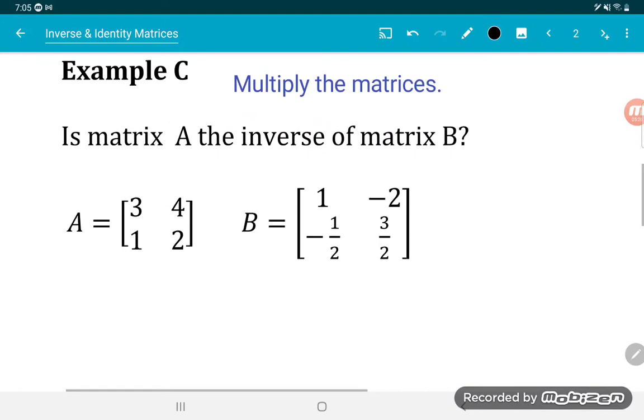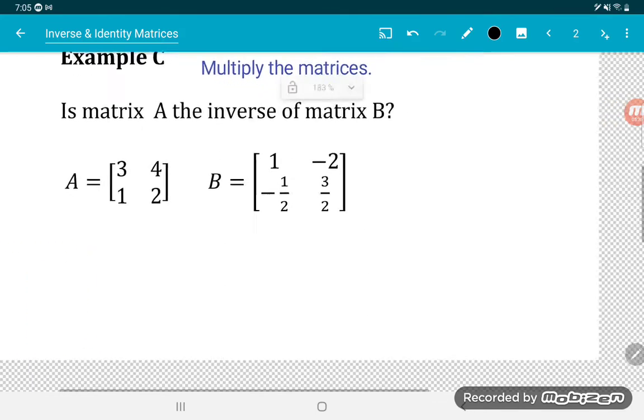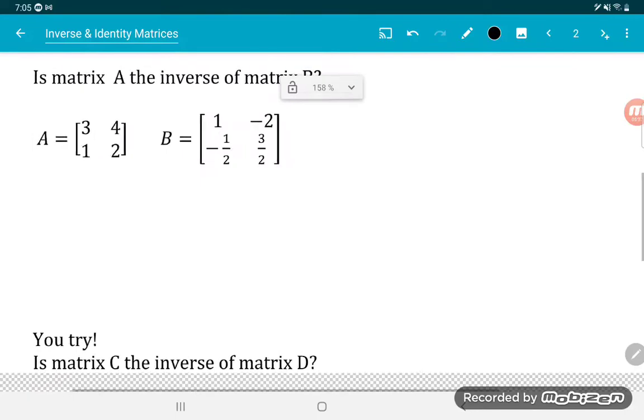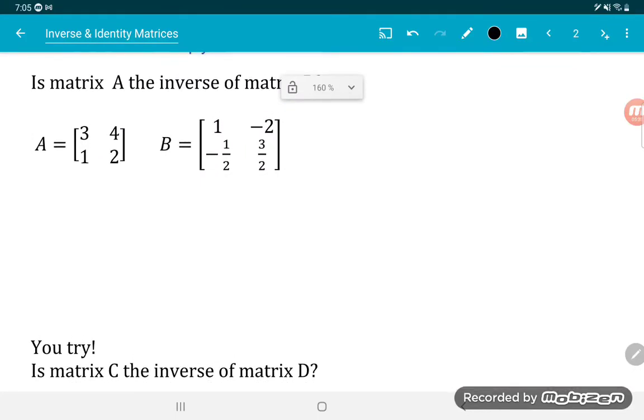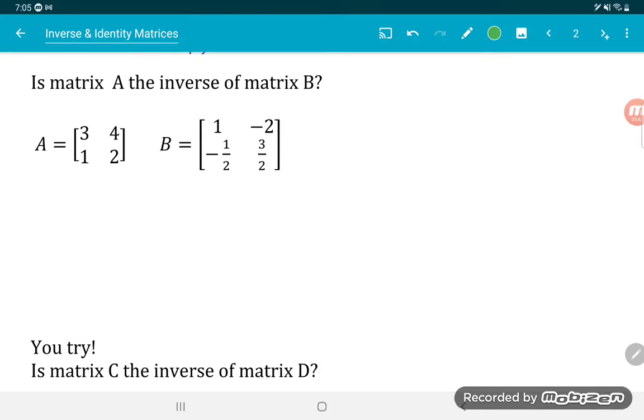In example C, the question is, is matrix A the inverse of matrix B? First thing we have to do in order to determine this, because we're going to prove our work, we're going to multiply them.